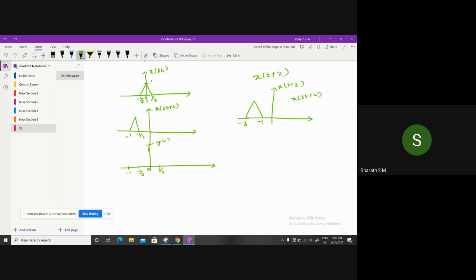So just add these two signals. From minus 1 to minus 1 by 3, we don't have any signal here, it is 0. So 0 plus that particular signal, we retain the same signal, triangular wave. And from minus 1 by 3 to plus 1 by 3, once again we have a triangular wave. So just write down the triangular wave from minus 1 by 3 to plus 1 by 3. That's it. That is the y of t.